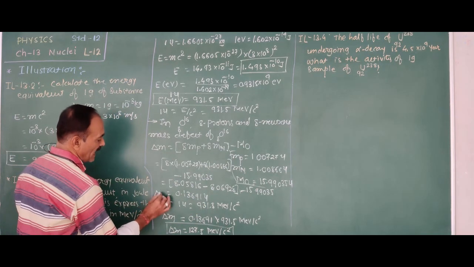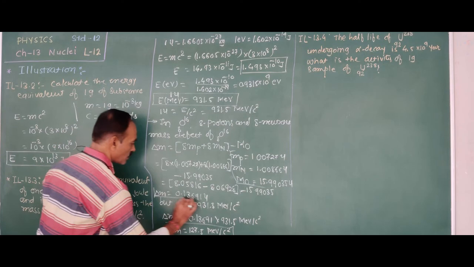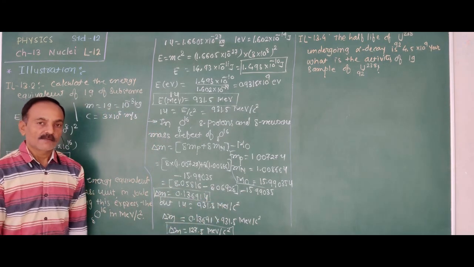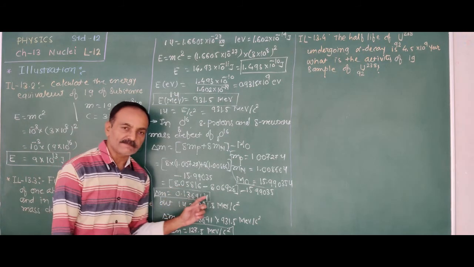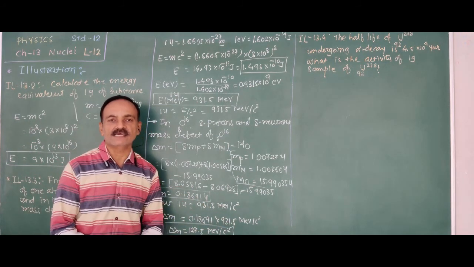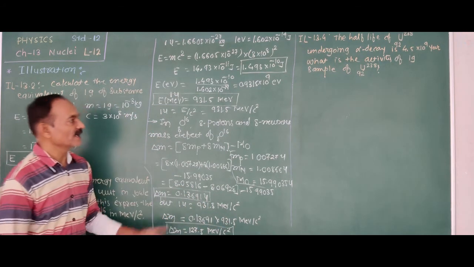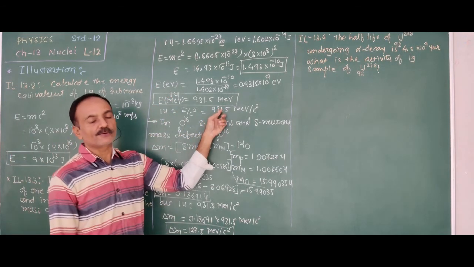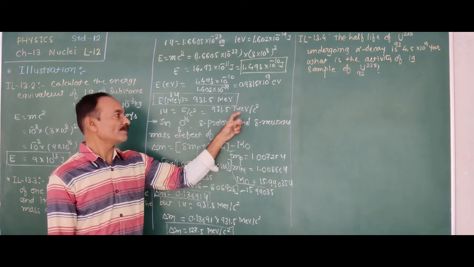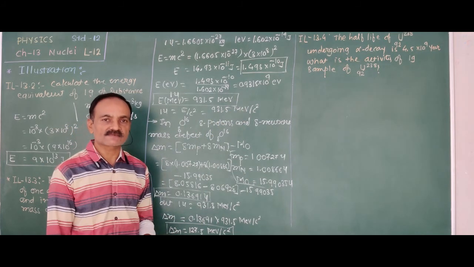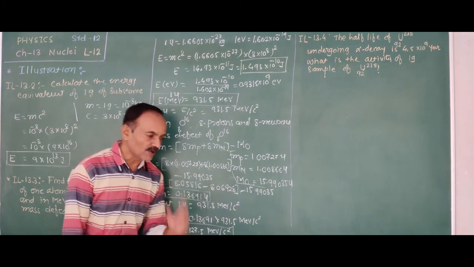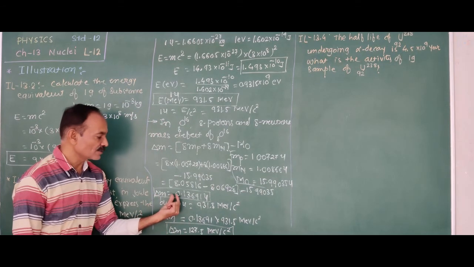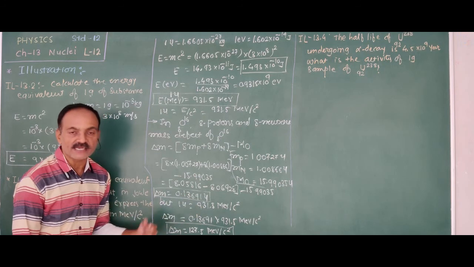That is the mass defect for oxygen in atomic mass unit. But we require this mass defect in MeV per c square. For that purpose, we have the equation 1 atomic mass unit is equal to 931.5 MeV upon c square.